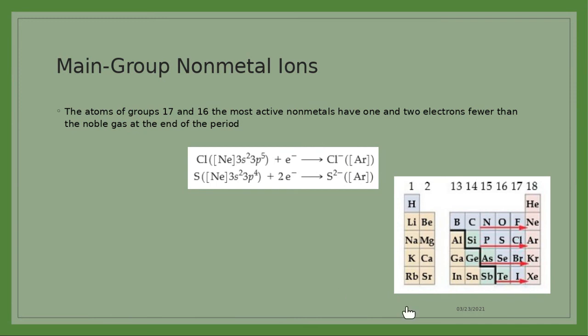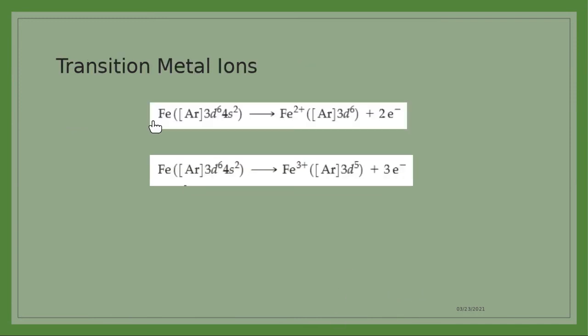For example, transition metals. Here, transition metals means the B groups elements, and this is the iron. Look at here, this is the argon electronic configuration, the same as argon, and then this is the 3d6 and 4s2, and generally they give here 2 electrons.